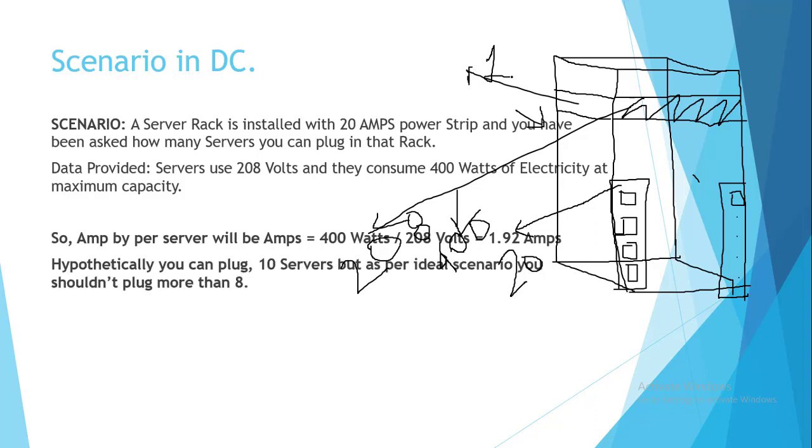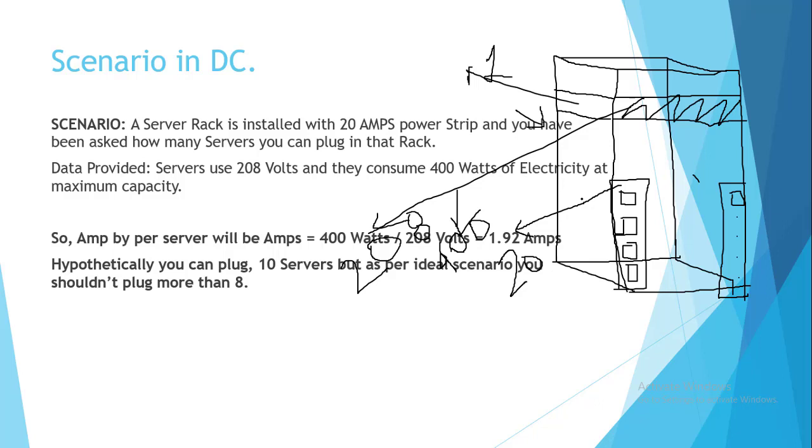Let's take a round figure of 2 amperes for discussion. So hypothetically you can plug 10 servers in this rack. However, you shouldn't plug more than 8 for the safer side. 20% should be the buffer.